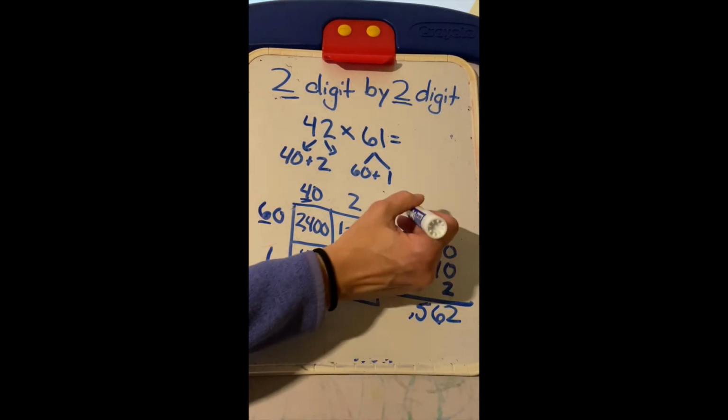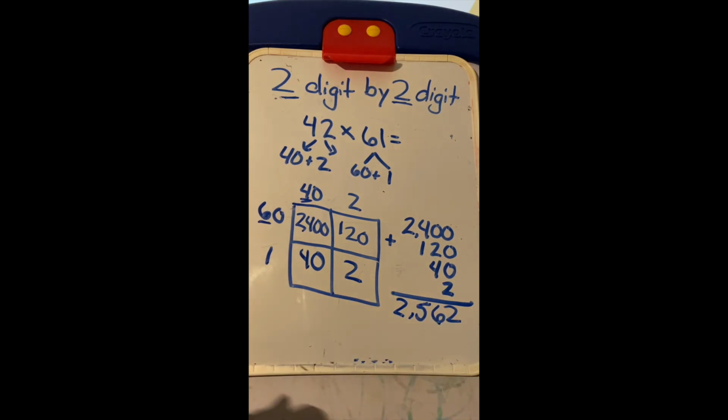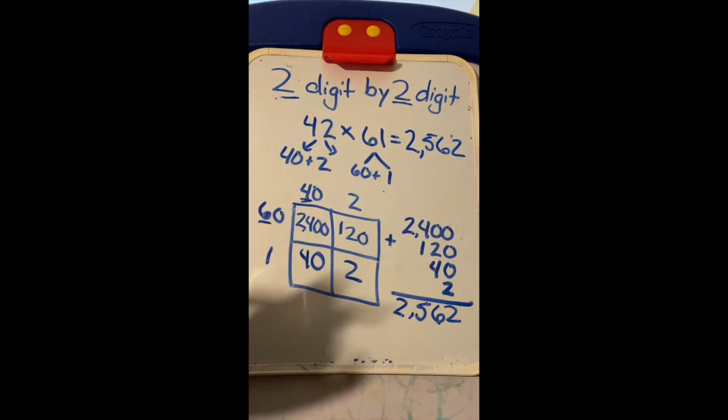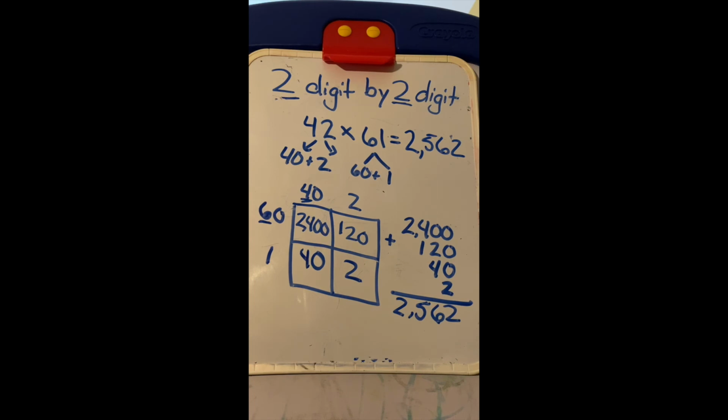A little comma there. And I drop my 2 down. So 42 times 61, that is 2,562. And that is how you multiply a 2-digit by 2-digit number. And that's kind of your refresher lesson.